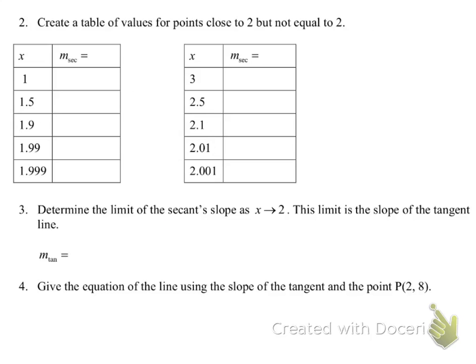First, if we plug 1 in, remember it was x cubed minus 8 over x minus 2. If you plug 1 in, you're going to have negative 7 over negative 1, which is going to be 7.